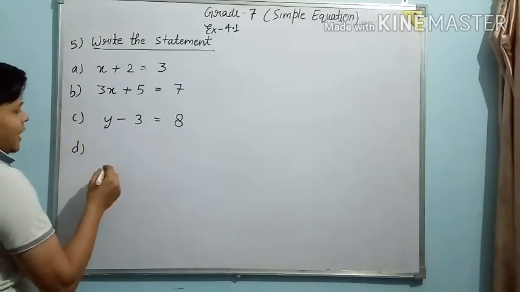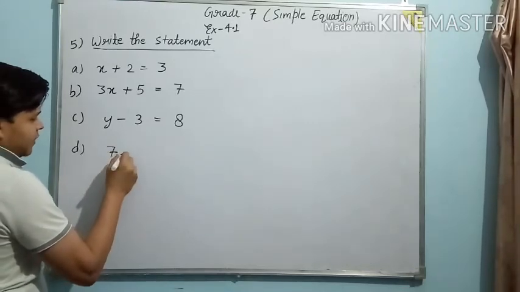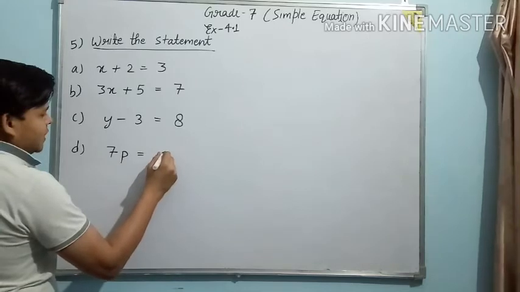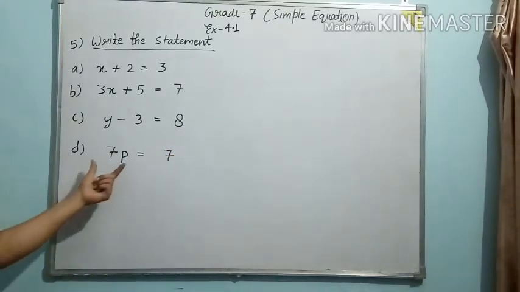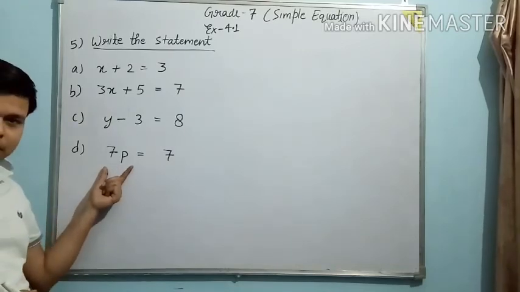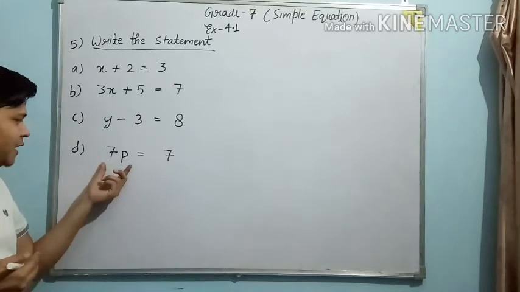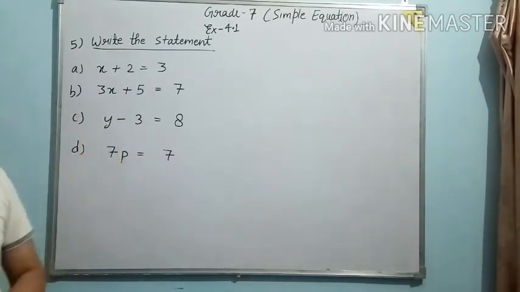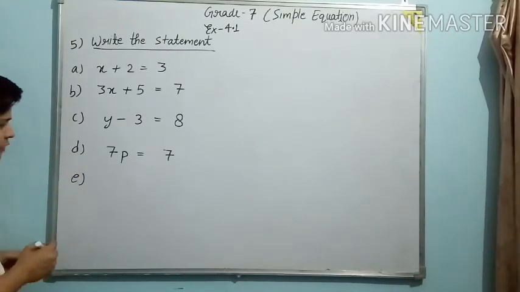Similarly, I am writing here 7p is equals to, say, 7. We can write that 7 times p, or we can write 7 times number p is 7, or gives 7. This is also correct. Similarly, I am writing for one division also.